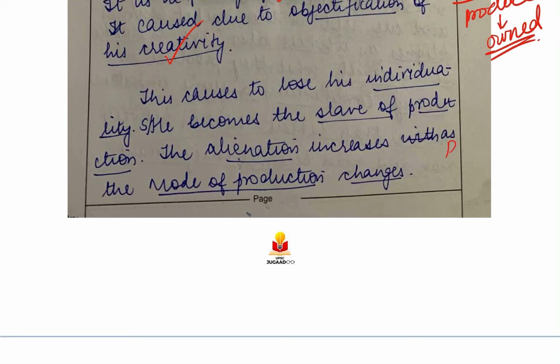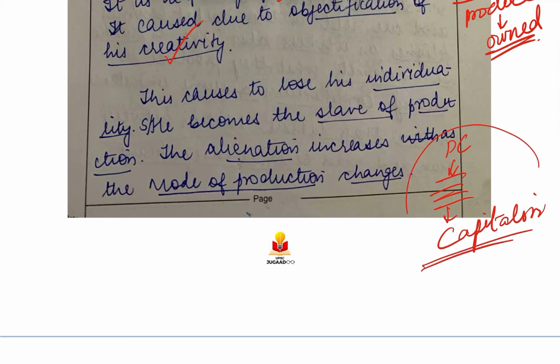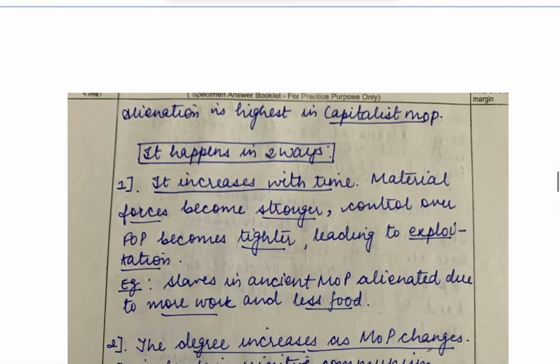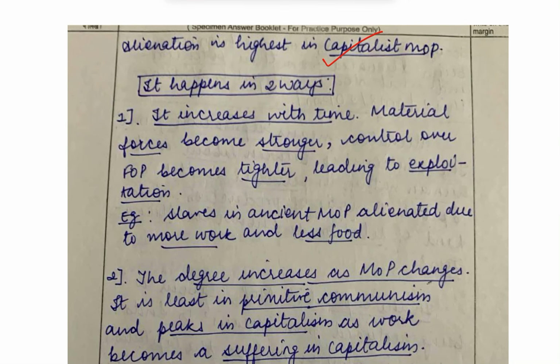So as we see, primitive communism से हम अलग अलग stages पे गए, and then finally capitalism. So the alienation increases with each stage, and if stages के साथ increase हो रहा है तो with time it will increase, right? So alienation is highest in capitalist mode of production, and it happens in two ways.